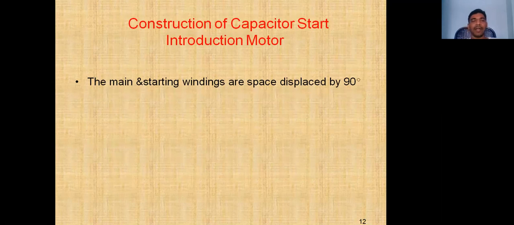The main and starting windings are space displaced by 90 degrees.